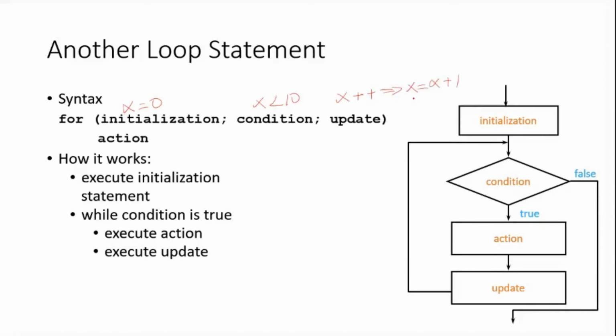which means x equal to x plus 1. So each time, x is initialized first, then the checking is done, then x is incremented. Within this particular looping structure, we avoid using the value of x again, if possible.